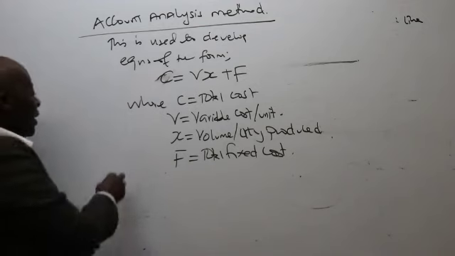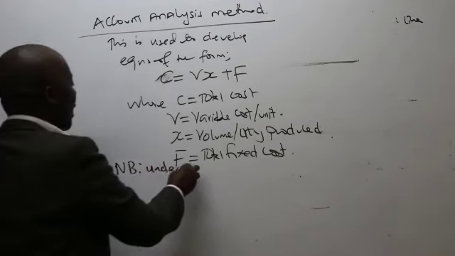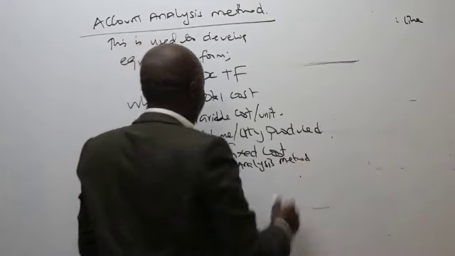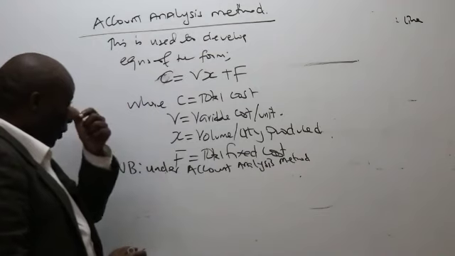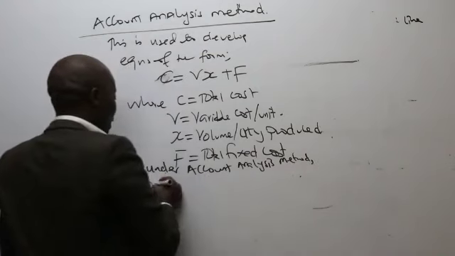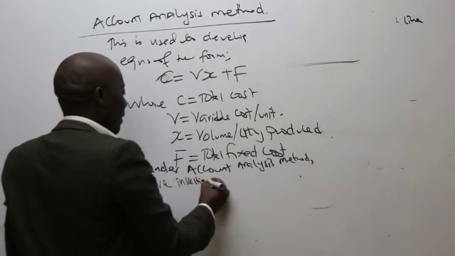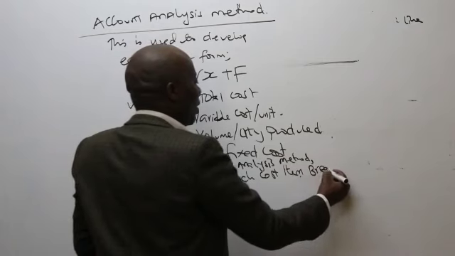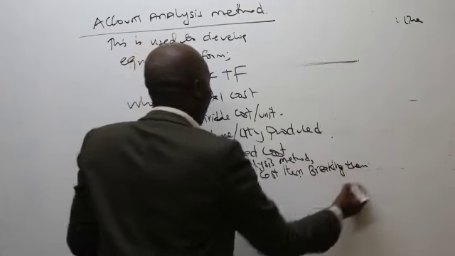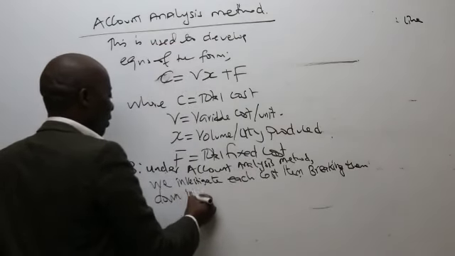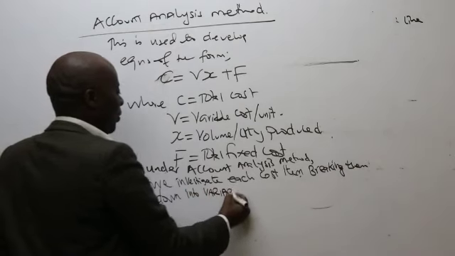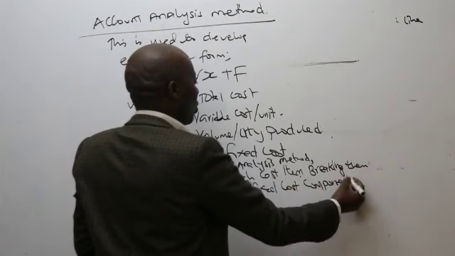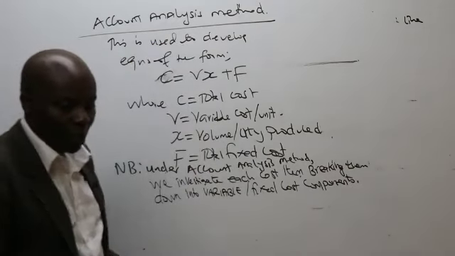The other thing you're supposed to know is that under the account analysis method, we investigate each cost item, breaking them down into variable/fixed cost components.